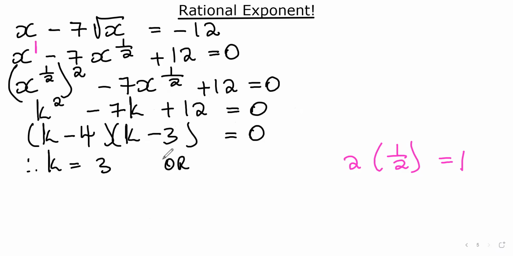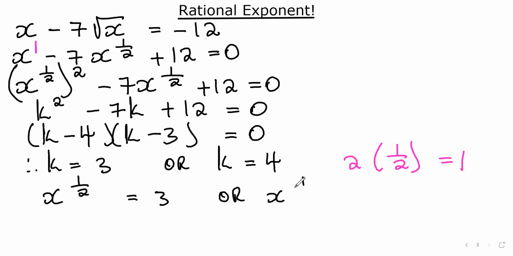So k will be equal to 3, or k will be equal to 4. But what is k? Well, k is actually x to the half, which is equal to 3, or x to the half is equal to 4.